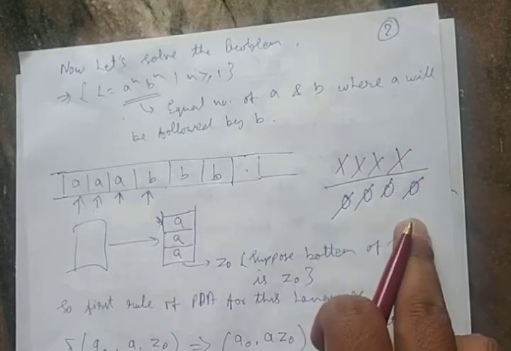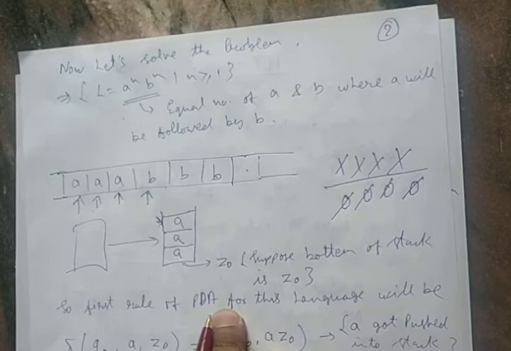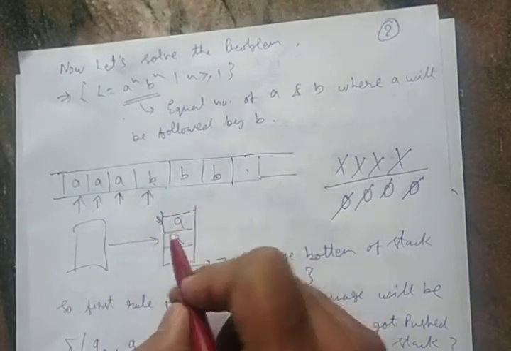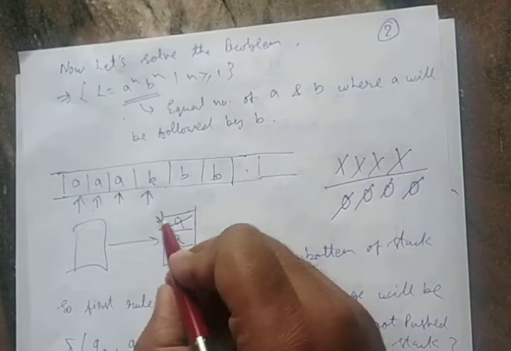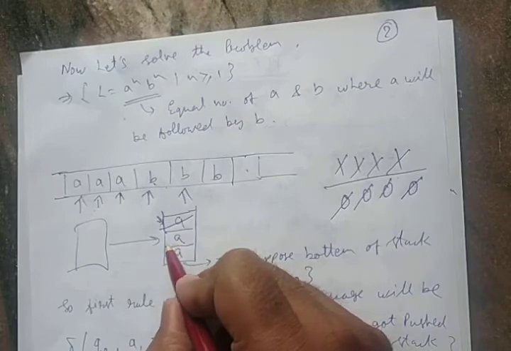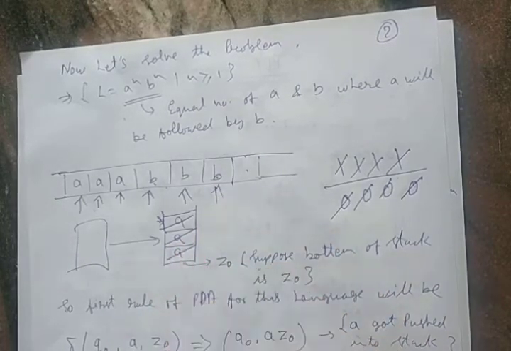If any one gets left, we say that these are not equal. So the same operations we are going to perform. For one b we are going to pop one a, and after that we repeat the same thing. For this b we pop this a, for another b we pop this a.